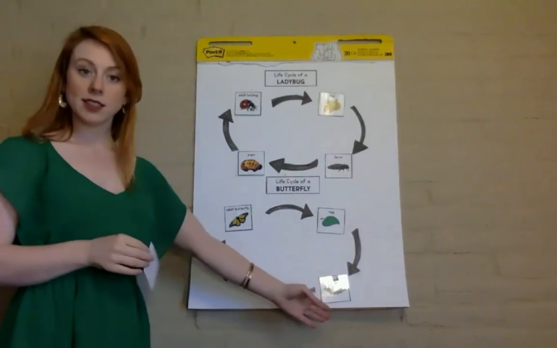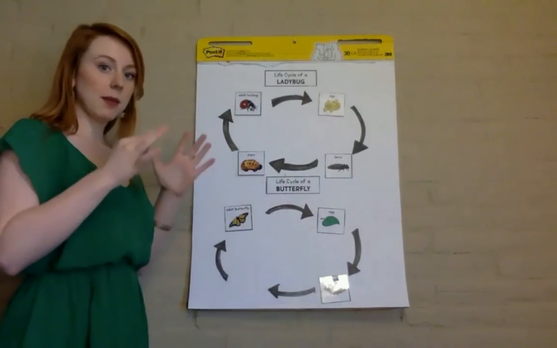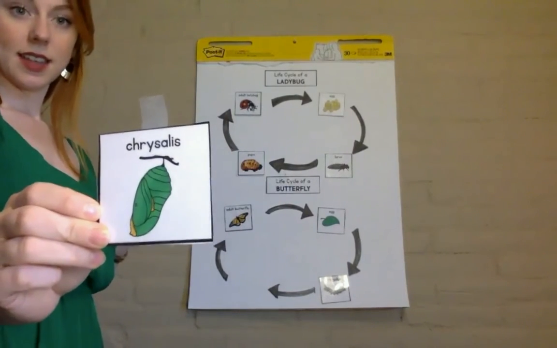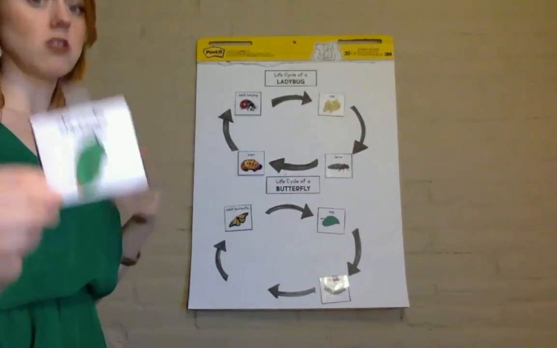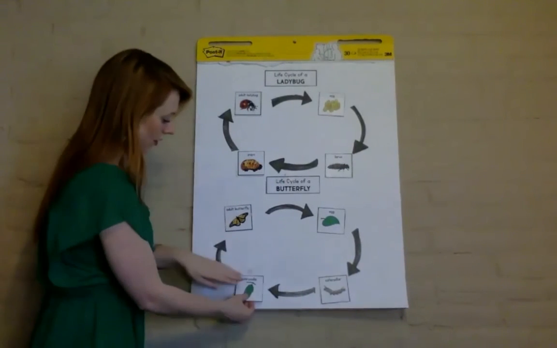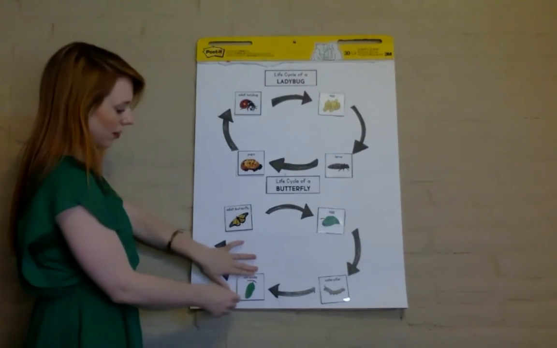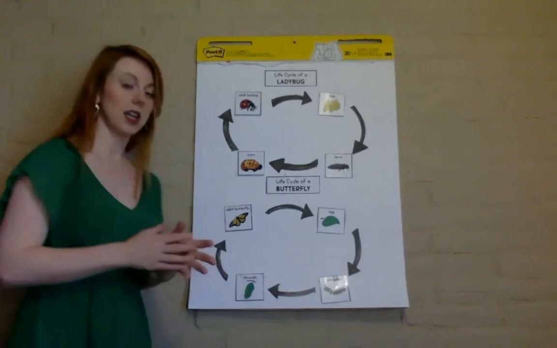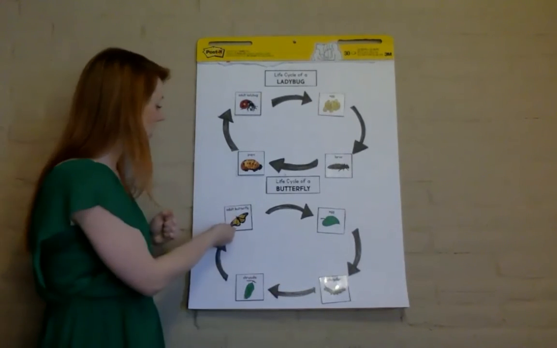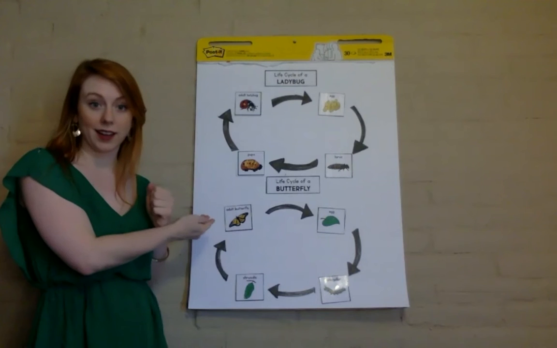They hang out at this stage, and they climb up, and they form the chrysalis. And this is for protection, just like the article said. And inside of here, the caterpillar is growing and changing until it becomes a beautiful butterfly.